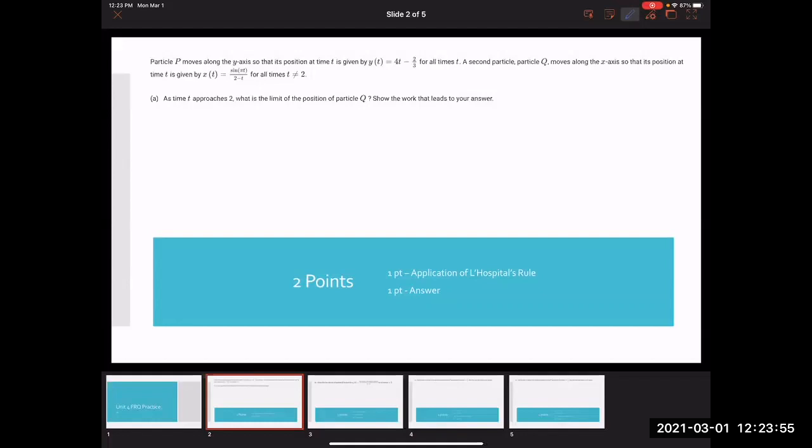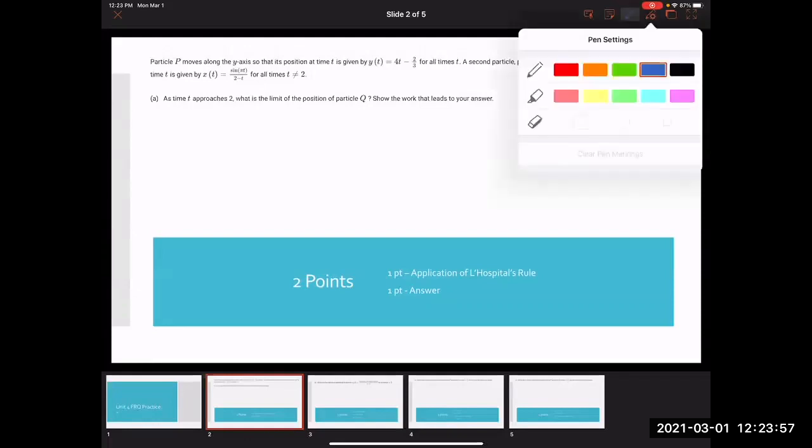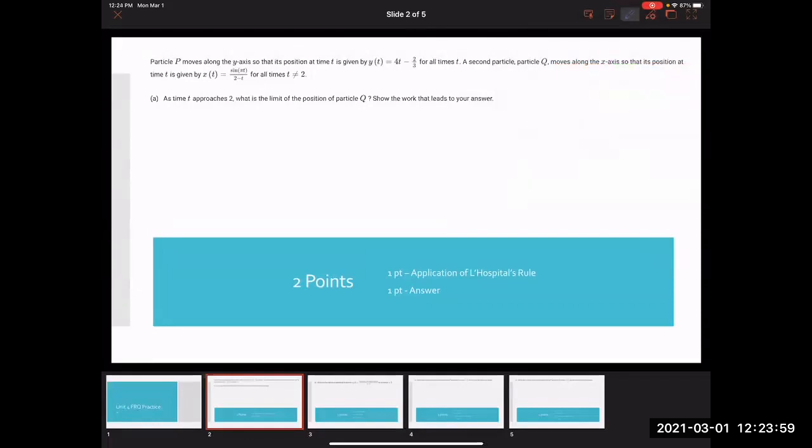All right. So in this particular part, we're trying to find the limit as t approaches 2 of particle Q, and particle Q's function representing its position is sine of pi t all over 2 minus t. Remember, when we find a limit, the very first thing that we try is direct substitution.